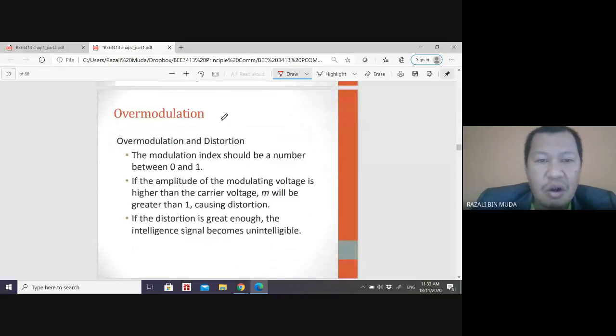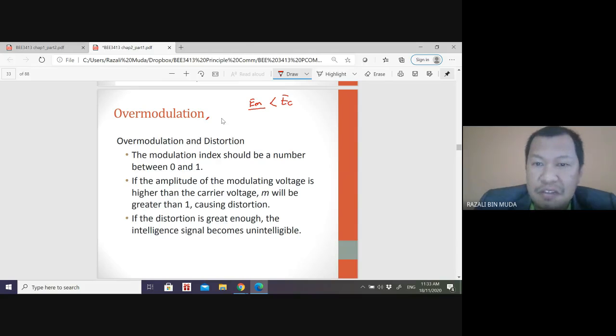Okay, next is over modulation, the last topic. What happens if, just now we said that it is important that E modulating is less than E carrier, right?